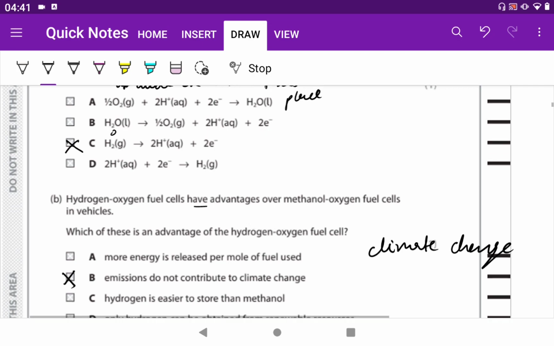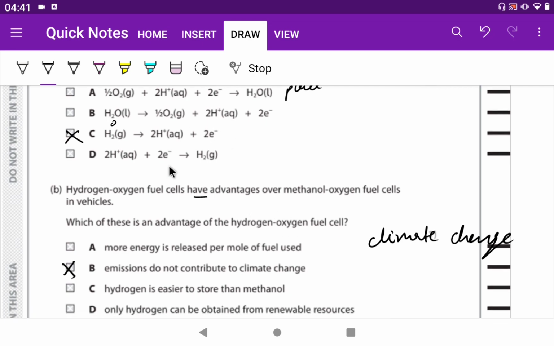The first advantage is that methanol oxygen produces CO2, and this CO2 causes climate change. But the hydrogen oxygen fuel cell does not, so the emission does not contribute to climate change, so the correct answer for B is B.